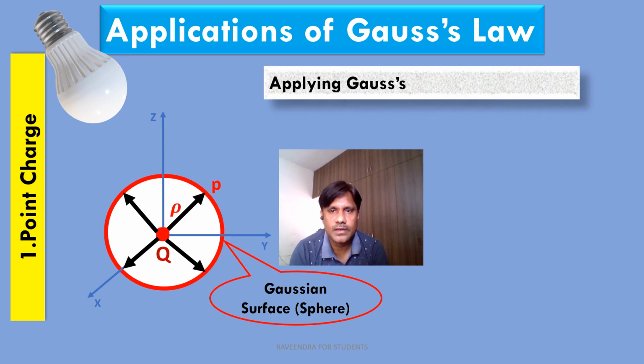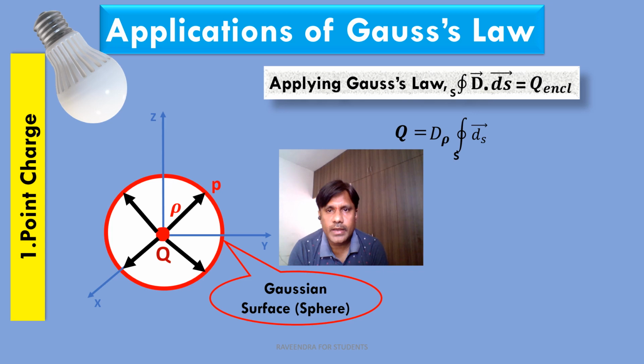That is nothing but the closed integral over S of D bar dot dS bar should be equal to the total charge enclosed, that is Q. We are finding the D bar at point P, so we can consider that as D rho into what is remaining, the closed integral over S dS bar.